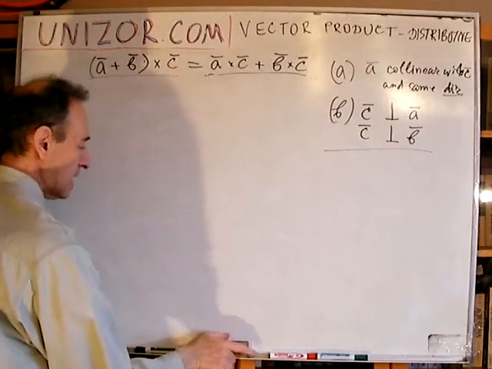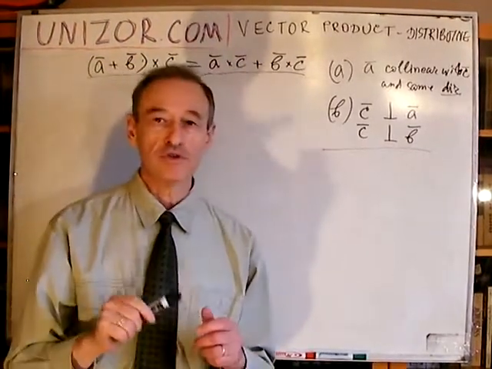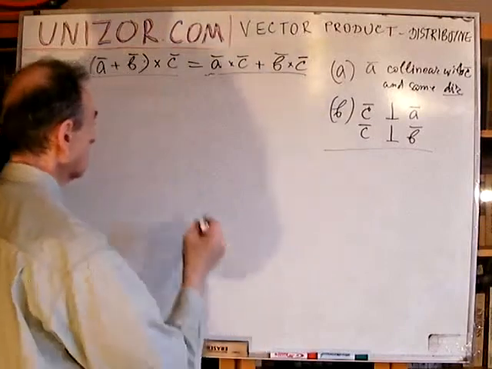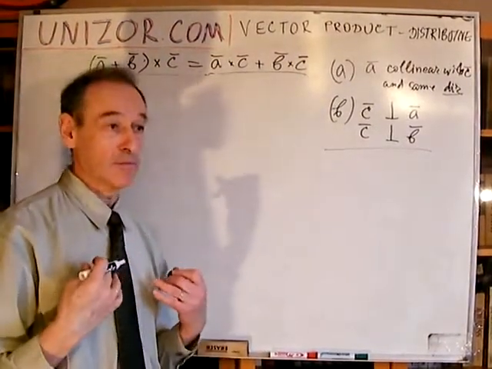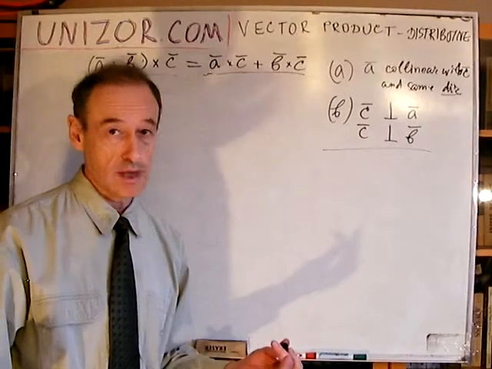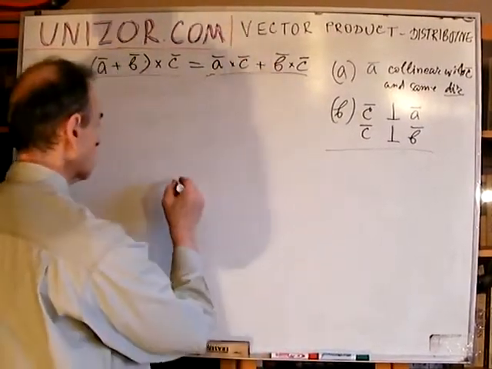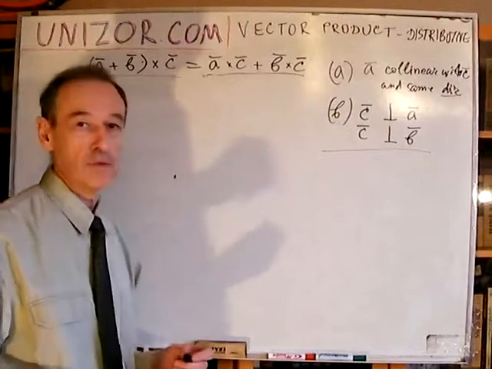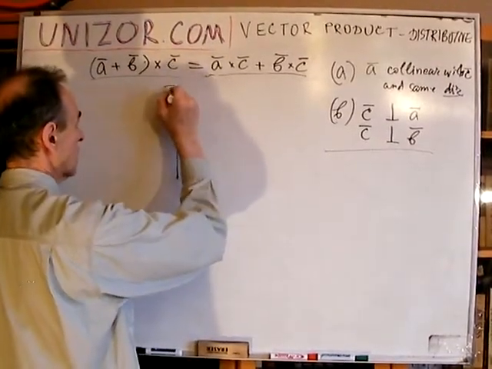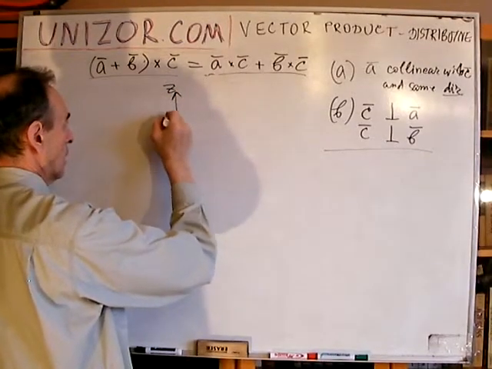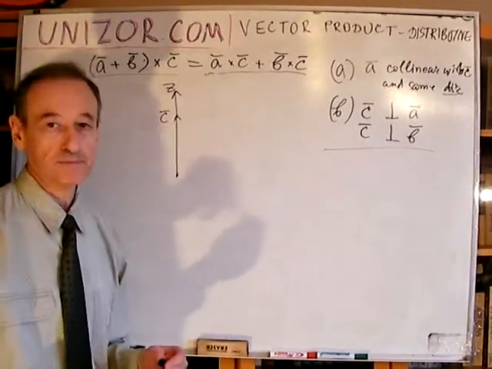Now, in this case, I will resort to using the coordinates. And here's how. If I have three vectors, A, B, and C, I am the one who can choose any coordinates I want in this space, right? So I will take the point where all of them originate, and I will put my z-axis along my c vector.